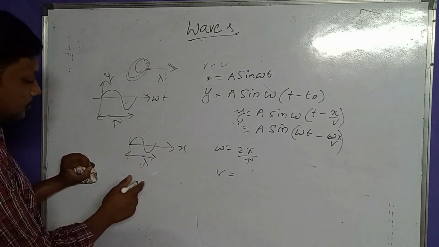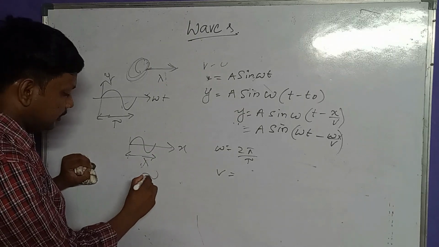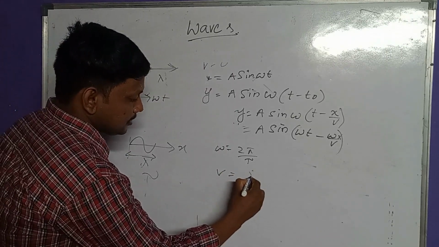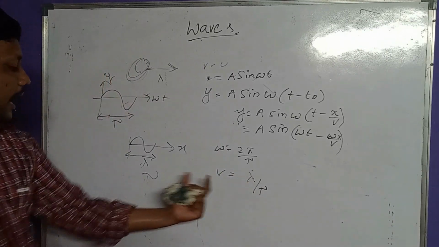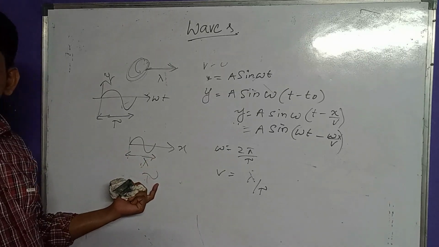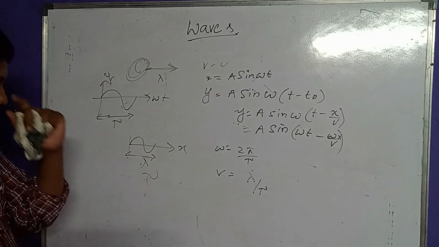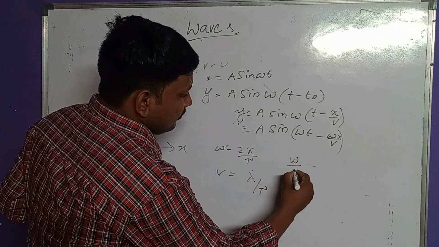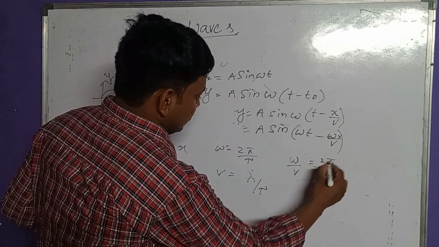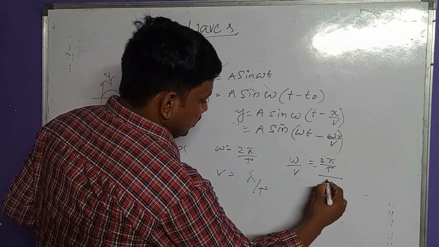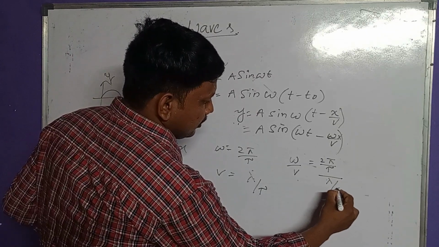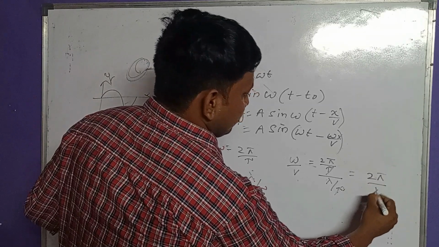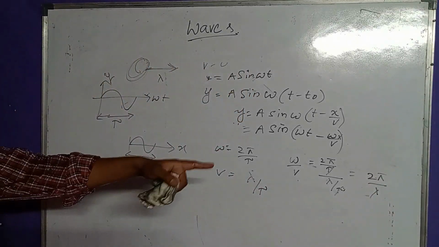For passing this wave, time is tau. Velocity is equal to distance by time. For traveling lambda distance, it takes tau, the time period. So here omega by v is equal to 2 pi by tau divided by lambda by tau. Tau gets cancelled, that is 2 pi by lambda. So our k is 2 pi by lambda.